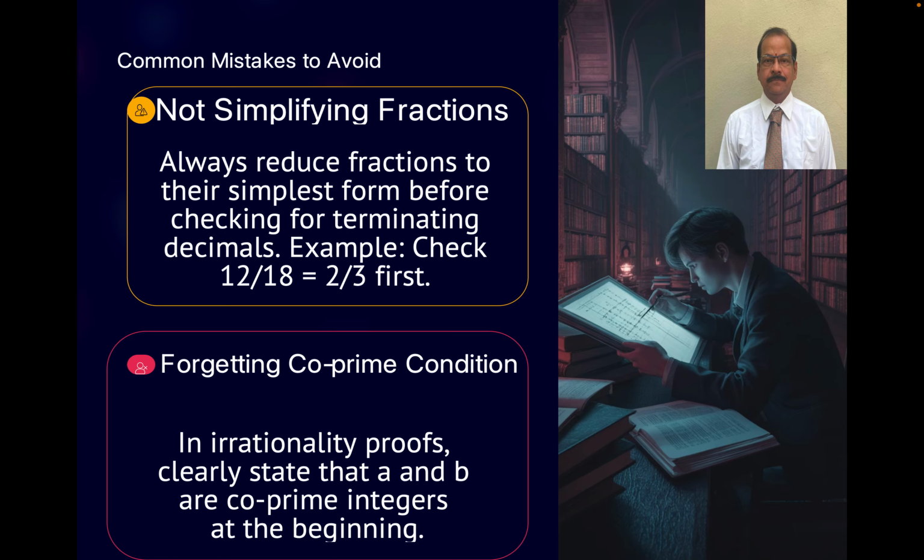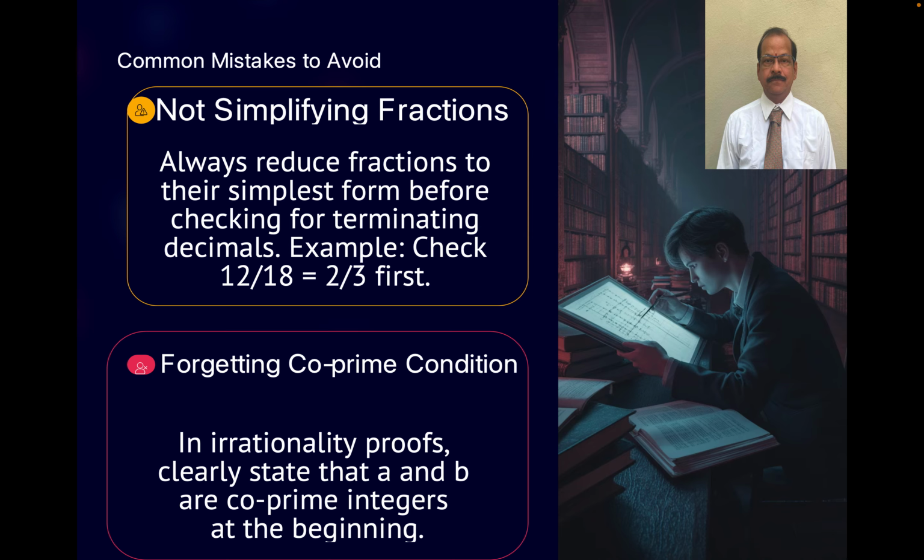In irrationality proofs, state that A and B are co-prime integers at the very beginning, because at the end of the problem, where we declare the number irrational, we need to have the statement readily available that they are co-prime.